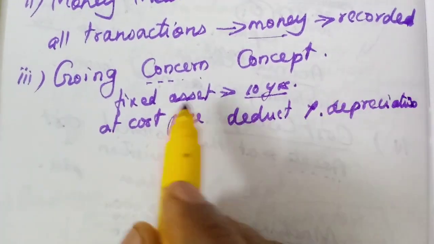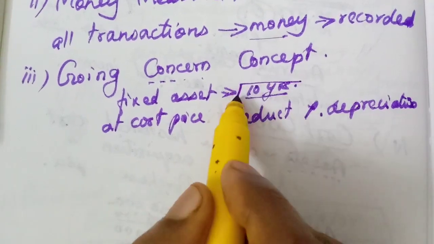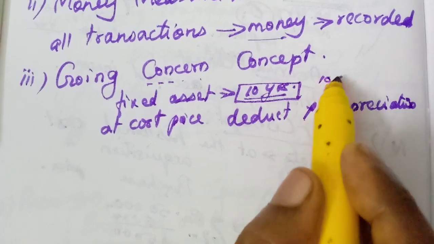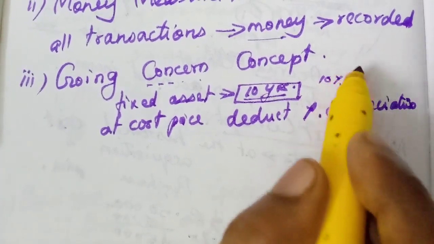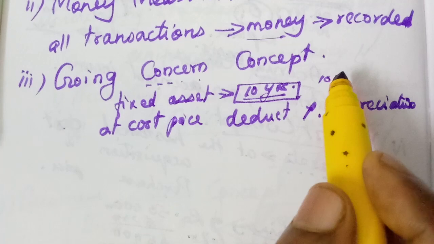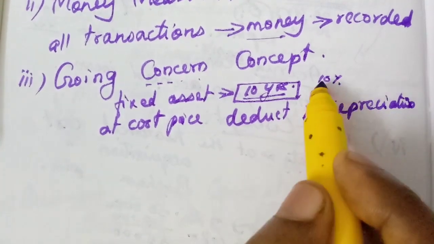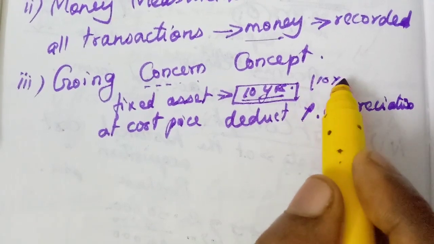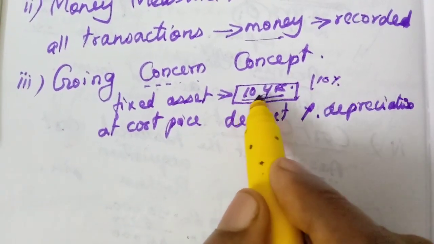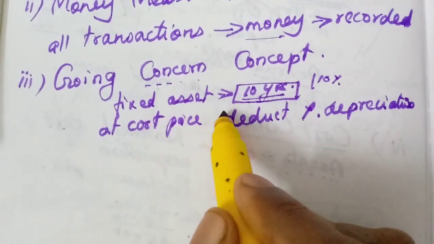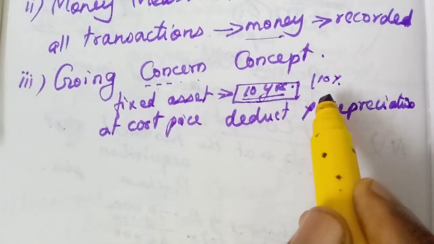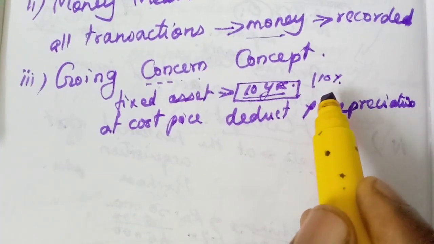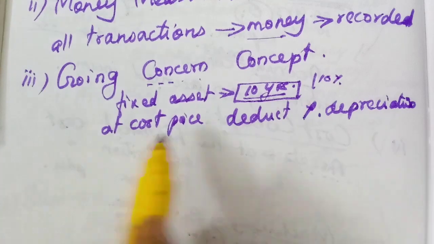They will calculate, okay, this asset can be used for 10 years. So if we calculate 10%, as per one method of depreciation valuation, different methods are available. So for 10 years, if they take 10% each year, at the end of 10 years this fixed asset's value will become 0. So they will calculate the number of years that we can use it in the business concern.